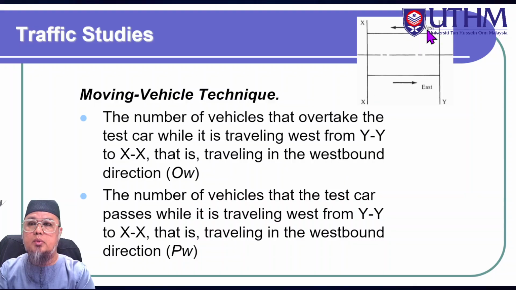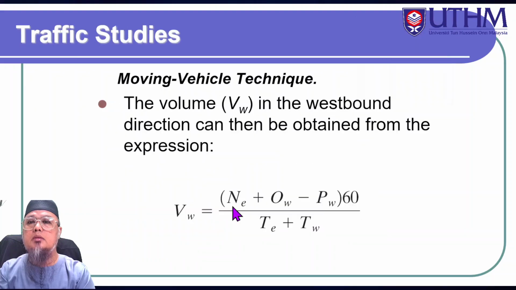The number of vehicles passing is the counterpart to overtaking, meaning vehicles passing the test car. For the passing test car, they put P and W. So that's the indication.